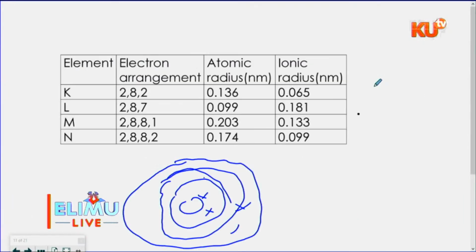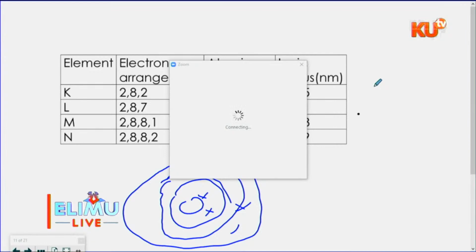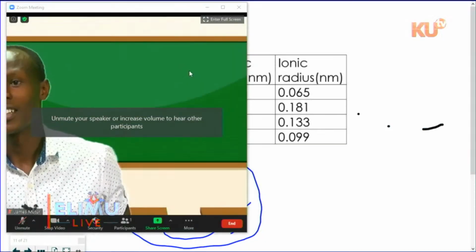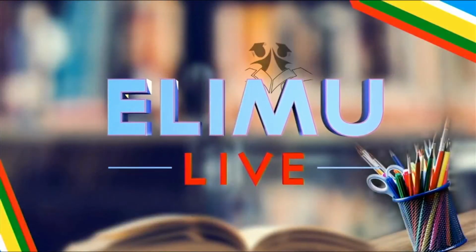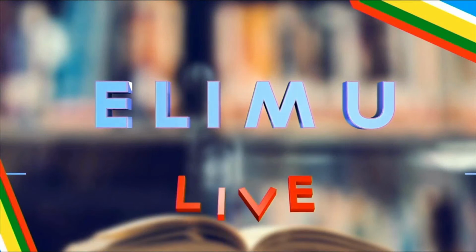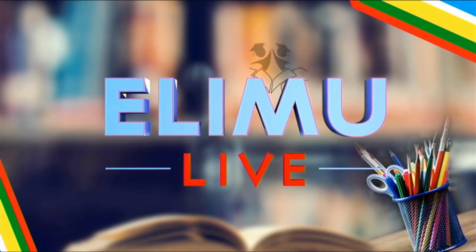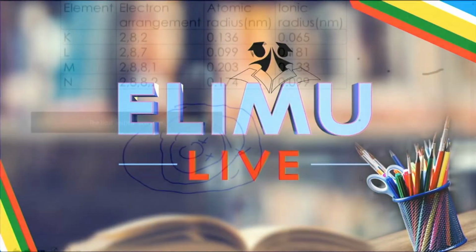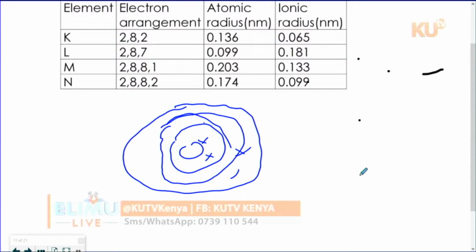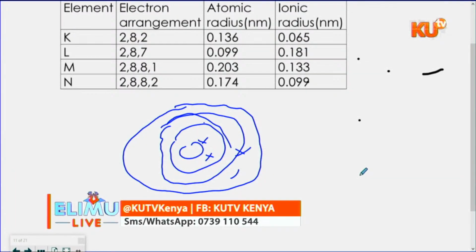The first table, if you're seeing it clearly: K has 2 electrons in the outermost shell, L has 7, M has 1, and N has 2.